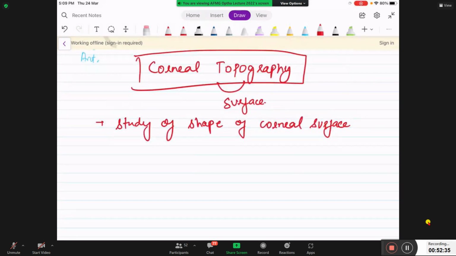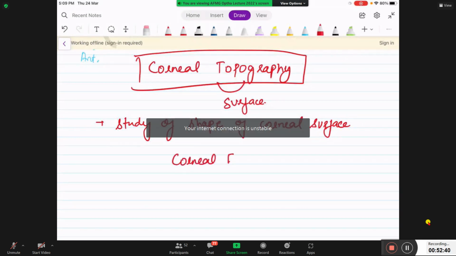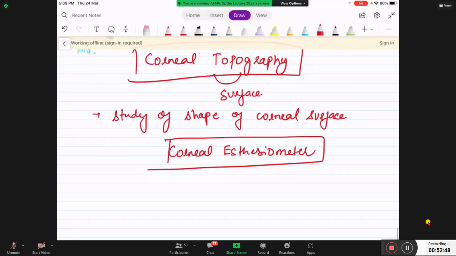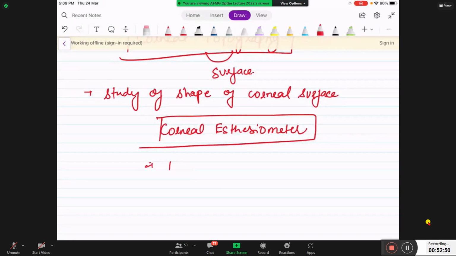Okay. Next terminology, write down, is corneal esthesiometer. What is corneal esthesiometer? Write down, this is an instrument which measures corneal sensations.